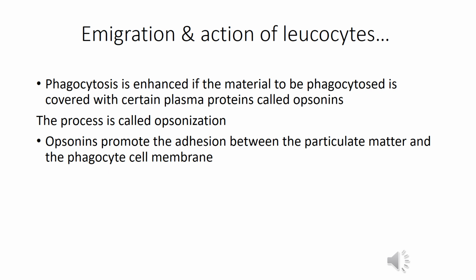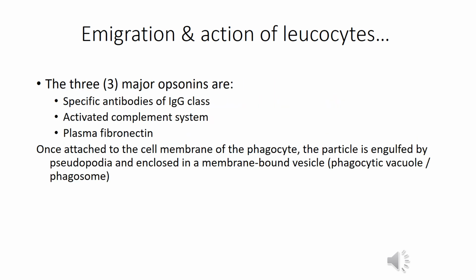So the process of ensuring adherence between the phagocyte and the matter to be phagocytosed is referred to as opsonization, and the chemical factors involved are known as opsonins. These are the three major opsonins in the blood.